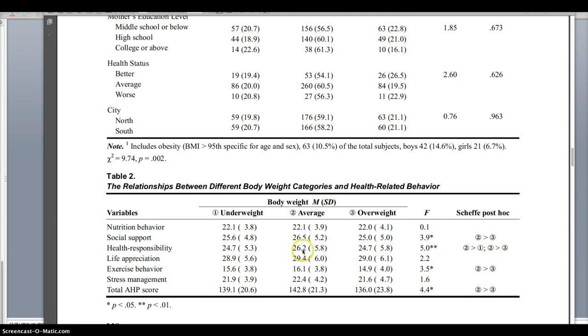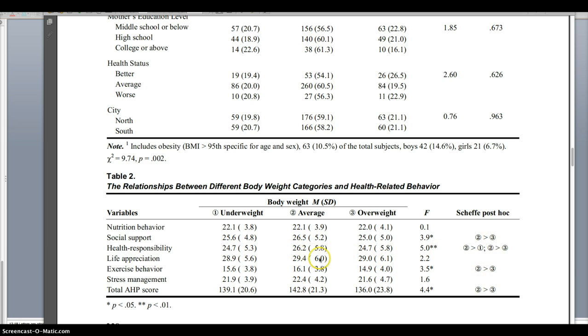On this one, 2 is greater than 1, and 2 is also greater than 3. What we don't know is what the relationship is between 1 and 3. As far as we know, they're statistically equal, and they probably are, considering they're both 24.7.